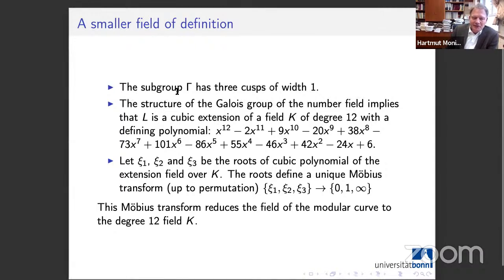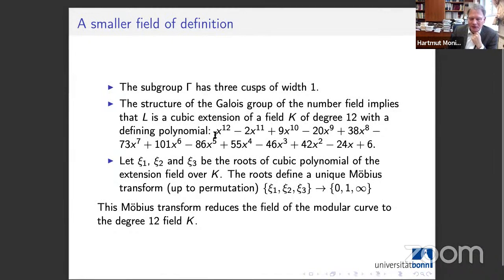Remember the subgroup gamma has 3 cusps of width 1. So the structure of the Galois group, as I said, implies that L is a cubic extension of a field K with degree 12 with a defining polynomial. And here I've written down the smallest defining polynomial which I was able to find.